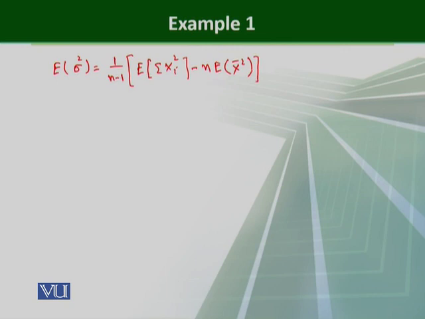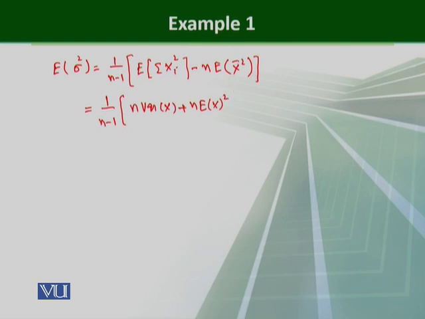So we can write it, by using the previous facts, that this value can be written as: since it is summed n times, this will become n, and we will have variance of x, using the relationship that we explained earlier, plus n expected value of x whole square.